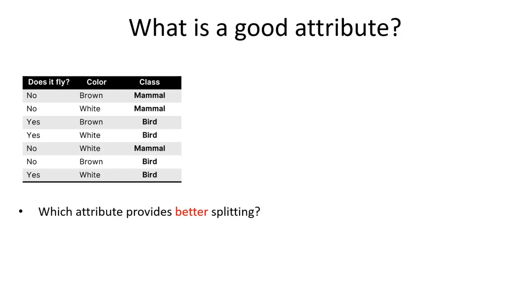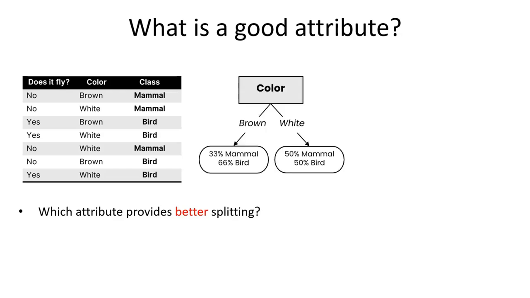What's a good attribute? For example, in this one we have mammals and birds. To see whether it's a bird or mammal, we look at whether it flies and its color. Based on fly and color, we can decide. For colors, brown and white: brown is 33% mammal and 66% bird, and white is 50% mammal and 50% bird.